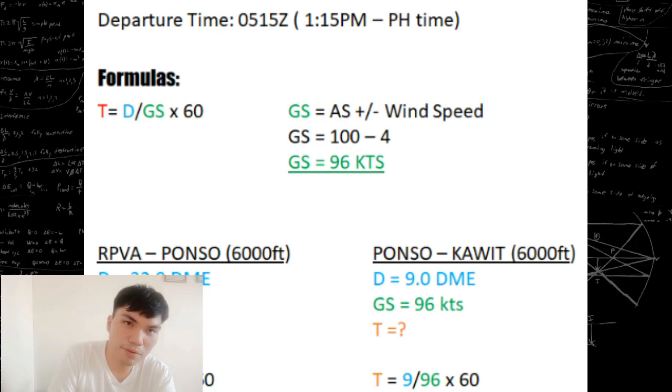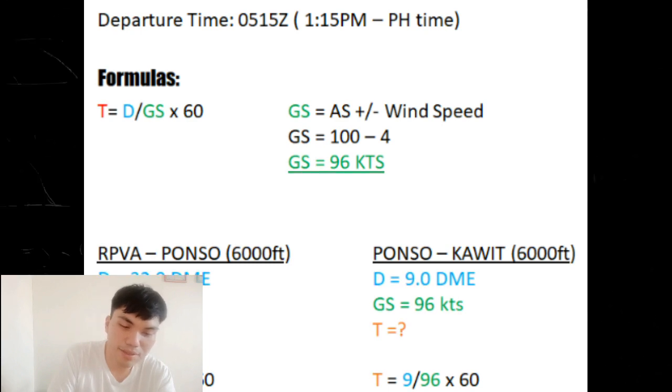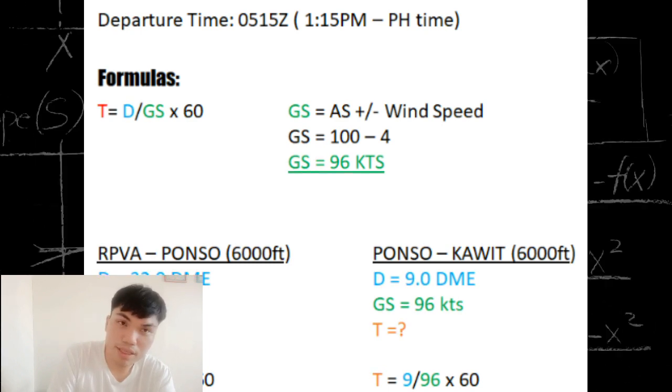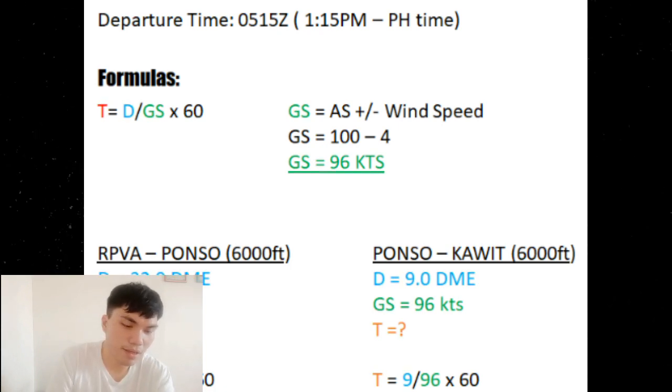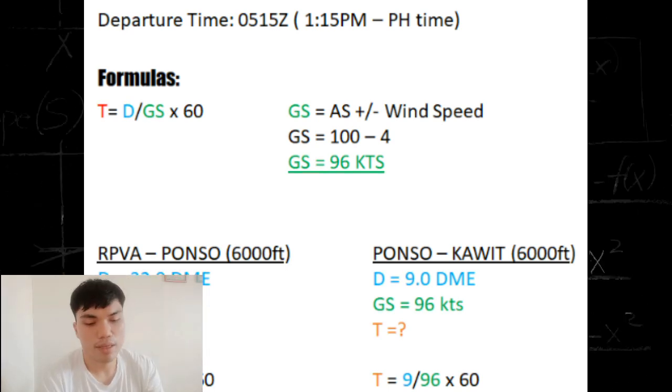The formula for getting the time is T, time, equals D, distance, over ground speed, GS, times 60. So first we gotta get the GS, the ground speed, in order for us to equate the time. The formula of ground speed is GS equals airspeed plus or minus, depending on the wind speed.